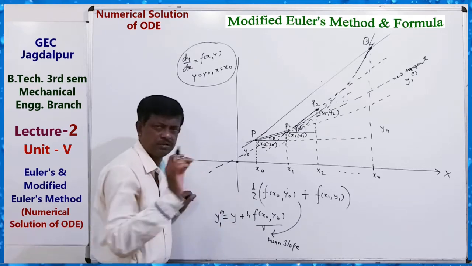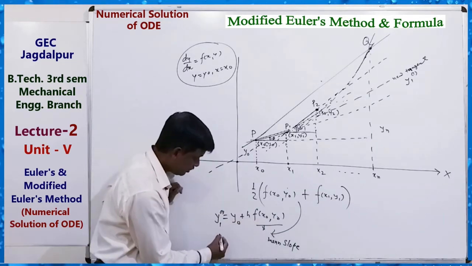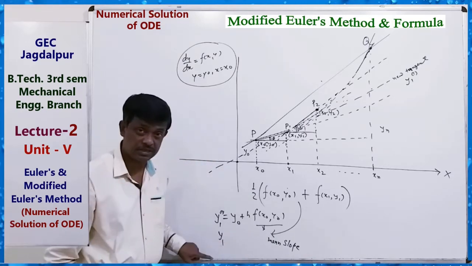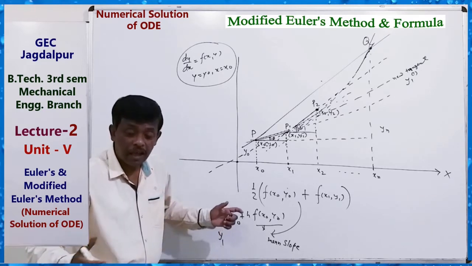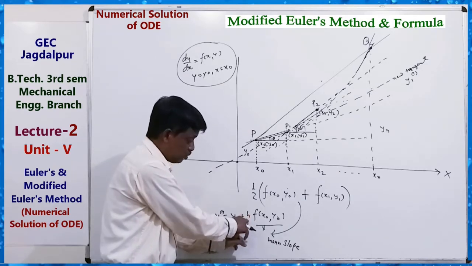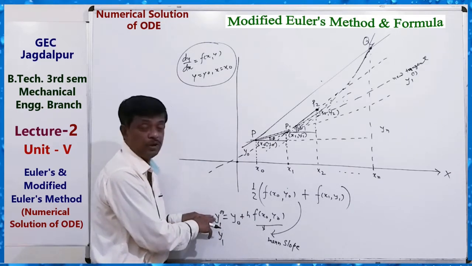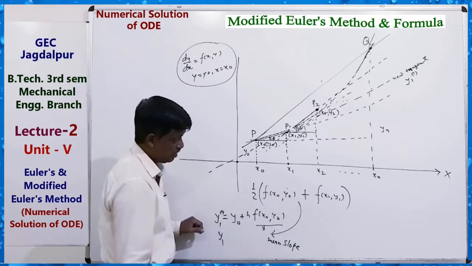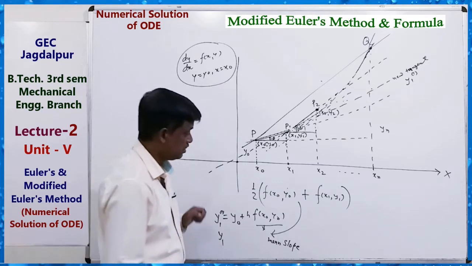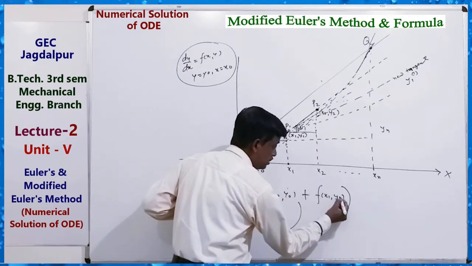The first approximation we have to find from Euler's formula, so y0 this. And for the second approximation, we can take the average of the slopes and use the new value, because in this formula we see the average of the slopes, and for the next stage we will use this plus y1(1).